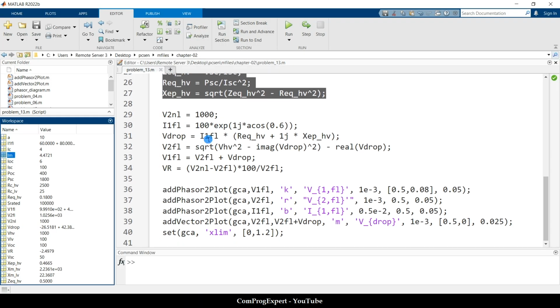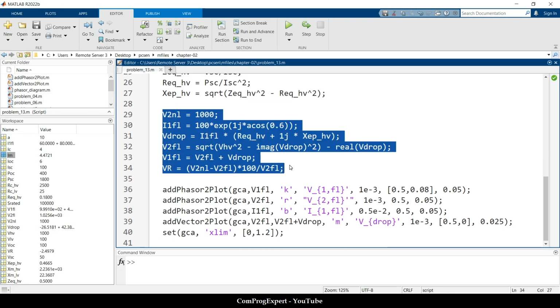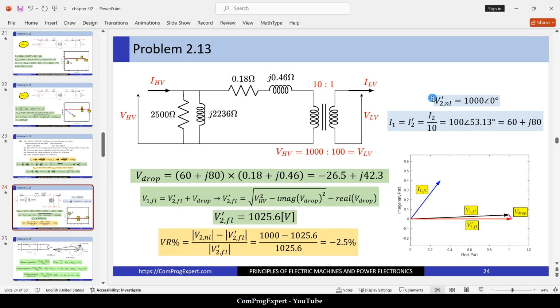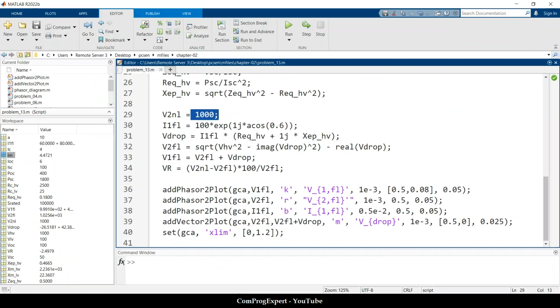Here is the part for calculation of the voltage regulation. The value of the voltage V2 for the no load case is 1000 volt. This is V2 prime for the no load. When we have this current in the secondary, the value of I2 prime in the primary is this one. Here is the voltage drop that I calculated here.